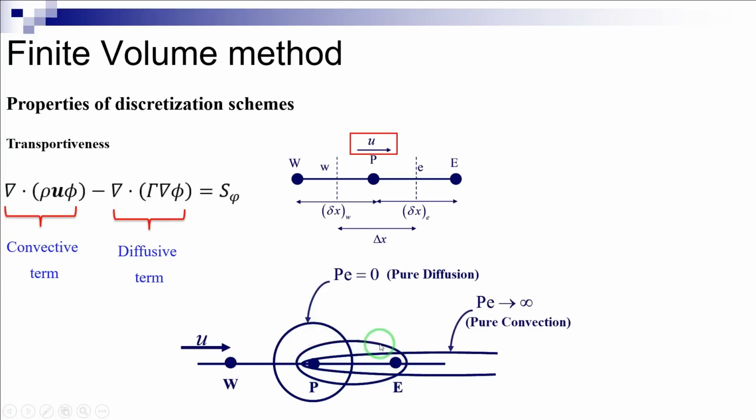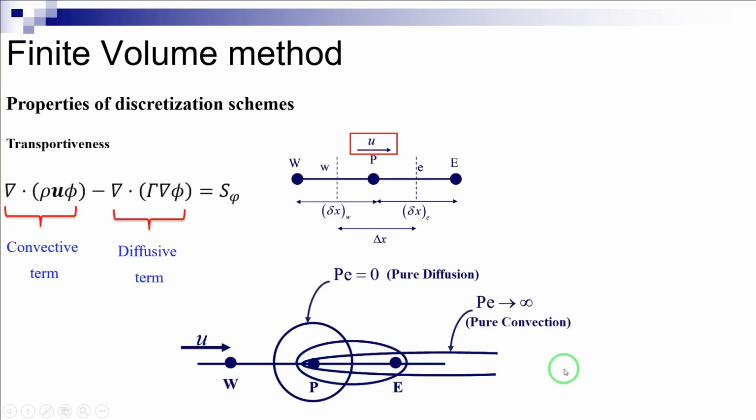Therefore, most of the effect will be from node P on the node E. In this case, the values of the variables at P are hardly affected by the values of the variables at E. In the case of pure convection, all the properties at node P will be quickly transported downstream toward E. Therefore, the value of the variable phi at the node E will be only affected by the upstream conditions.